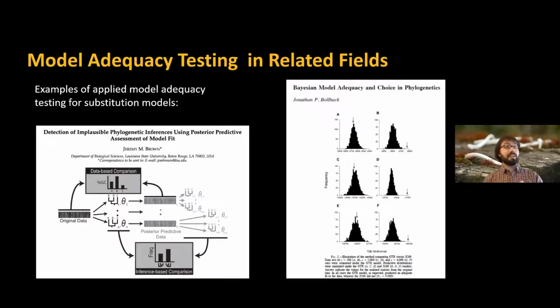Model adequacy testing has actually been done already in related fields. People have used it to test the adequacy of substitution models in tree inference, so to make the tree itself from the genetic data.